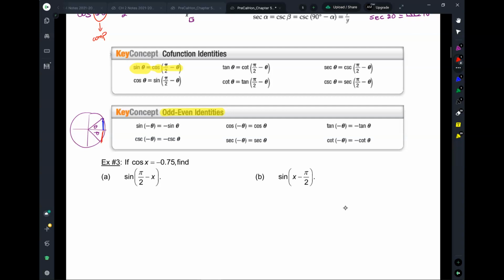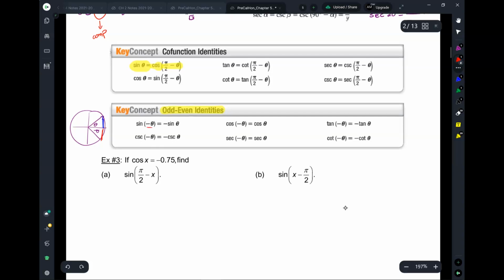The sine of that angle also goes from positive to negative and vice versa, right? Well, that's actually an identity. Sine of negative theta is the same as negative sine theta. The way I want you to think of it is if there is a negative inside, the sine kicks it out to the front.